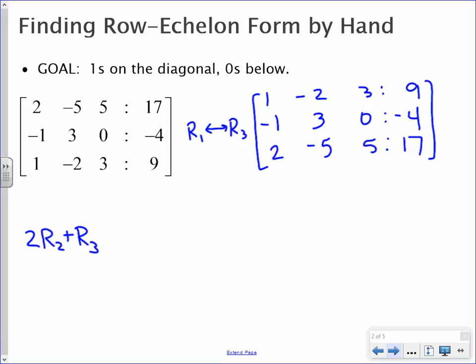Okay. Dave, did you also have an idea? I was just going to say you can add row 1 and row 2. Okay, so we have 2 different ways we can do it. We could multiply row 2 by 2 and add row 3 to it, or we can add row 1 and 2 together.